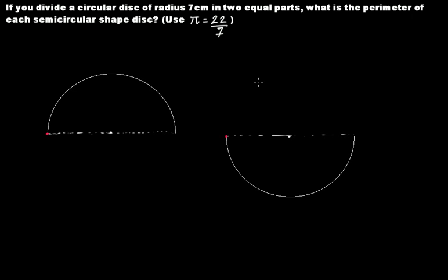So in this case, if we are calculating the perimeter of this one, if we denote this with P, perimeter will be circumference of semicircle plus what's this? This is the diameter, right? This is the diameter.